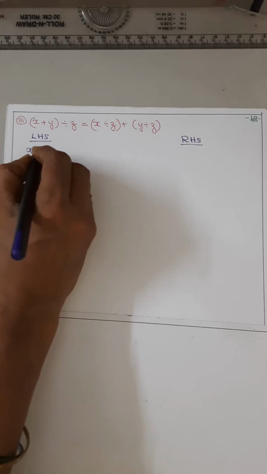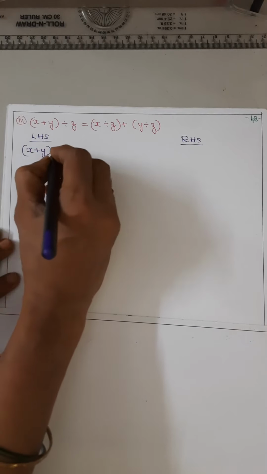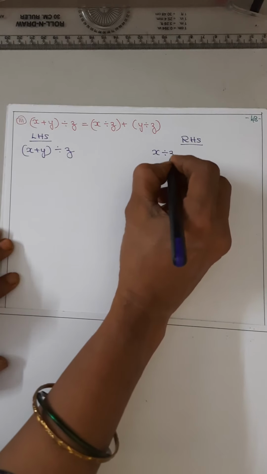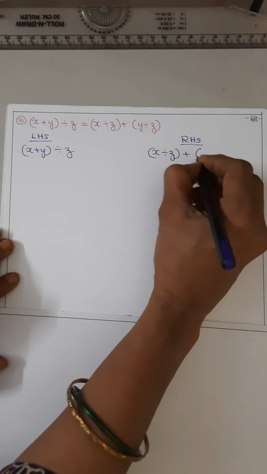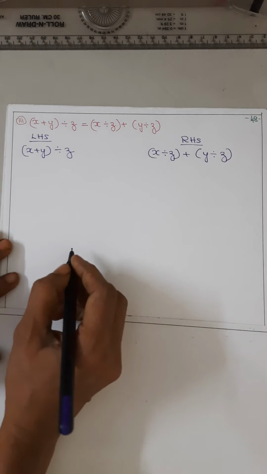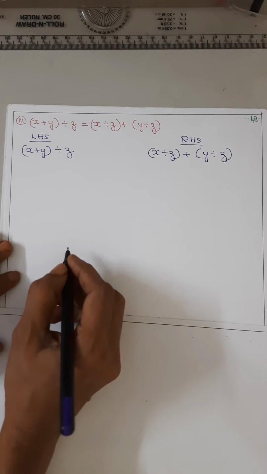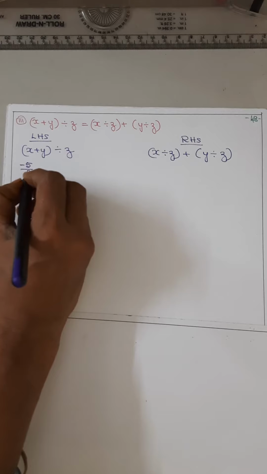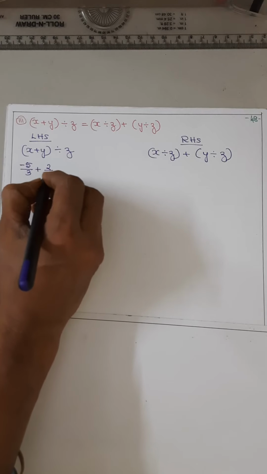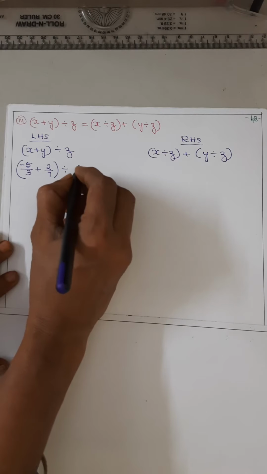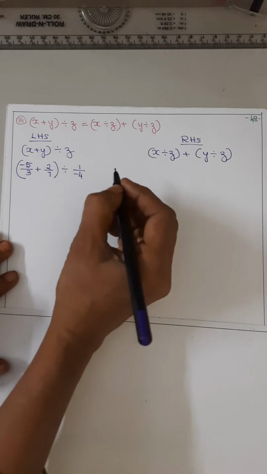X plus Y divided by Z. Here it is X divided by Z plus Y divided by Z. Now put the values. X is minus 5 by 3 plus Y is 2 by 7 and the Z is 1 by minus 4.